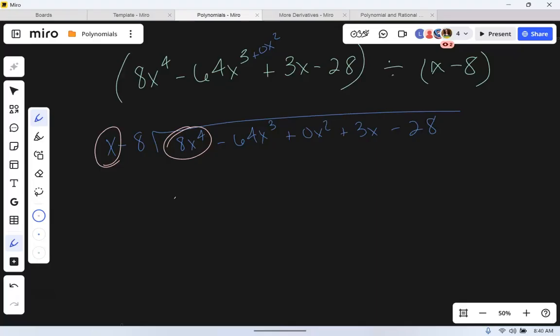So I'm going to go to the cube column. I'm going to write 8x cubed. And I'm going to multiply around. 8x cubed times x is what is that? Oh. 8x to the 4th. And 8x cubed minus 8.